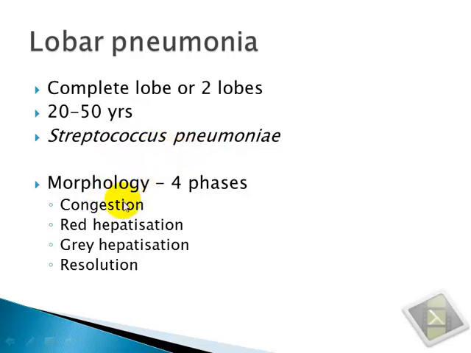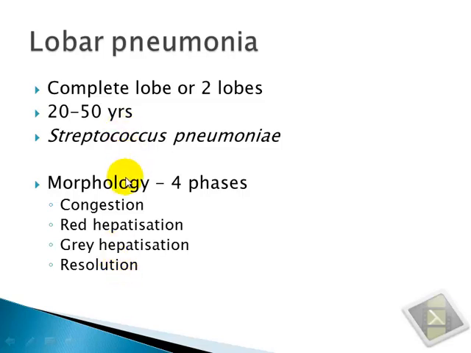The pathology of lobar pneumonia has been classically divided into four stages. We have stages called congestion, red hepatization, gray hepatization, and finally resolution.